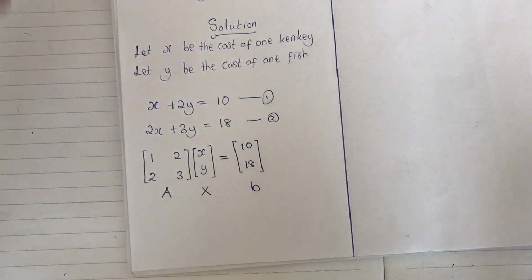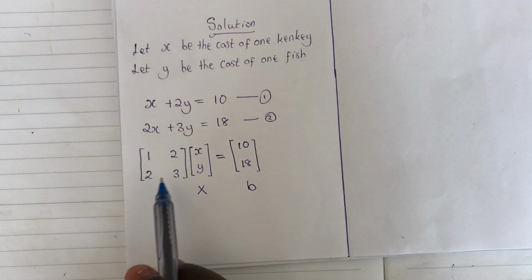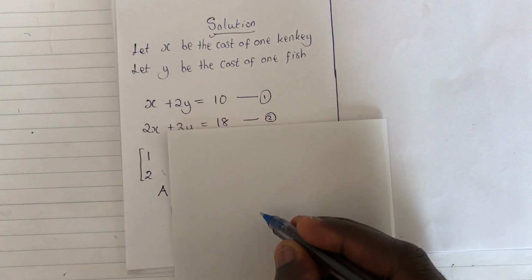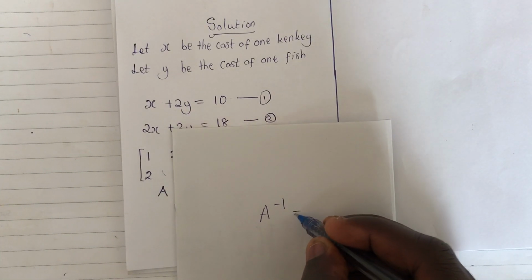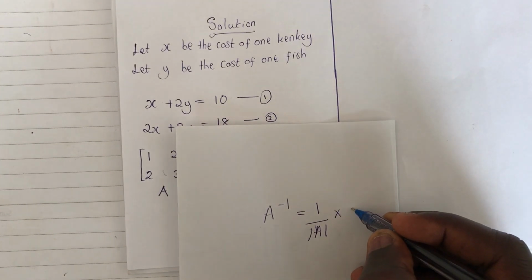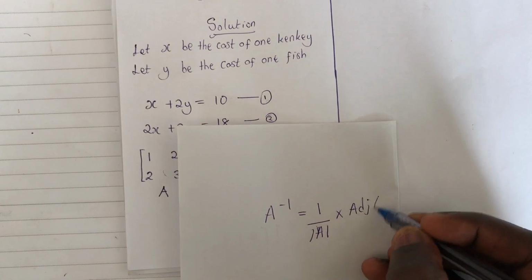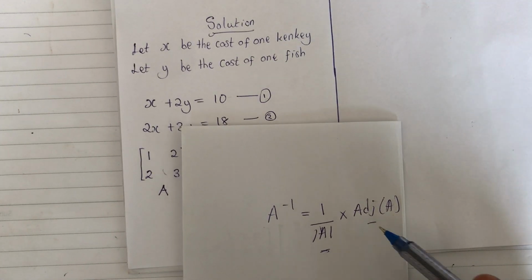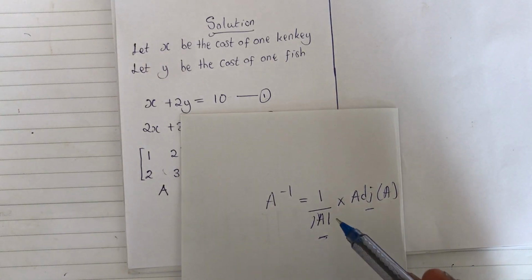To be able to find A inverse, we need the determinant of the matrix A, and then we need the adjoint of A. Then 1 over the determinant times the adjoint will give us the inverse of the matrix A. So the formula says that A inverse equals 1 over the determinant of A times the adjoint of A. Now let's find the determinant and the adjoint of A. Then we can put it into this formula.